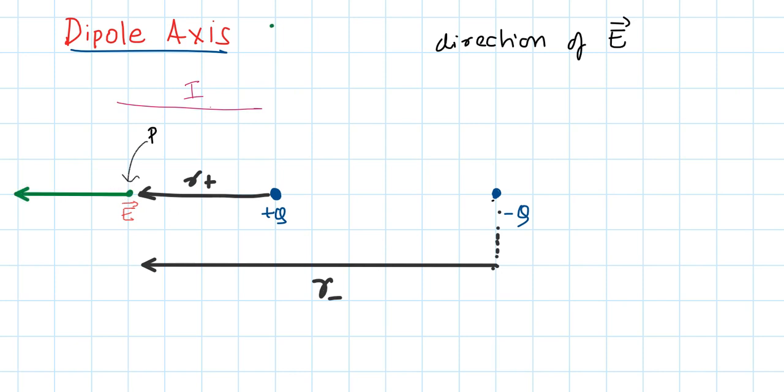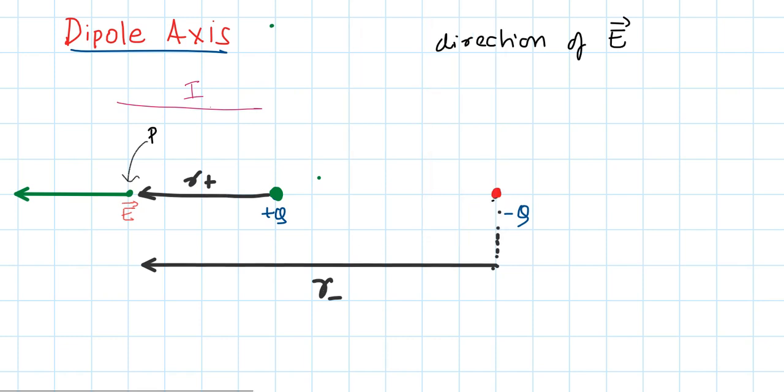So if the green arrow represents the electric field due to positive charge, let me also color the positive charge green. So as you can see, it is easy for you to identify which vector is associated with which charge. And let me mark the minus q with red color. So the electric field which is red in color will be due to minus q.